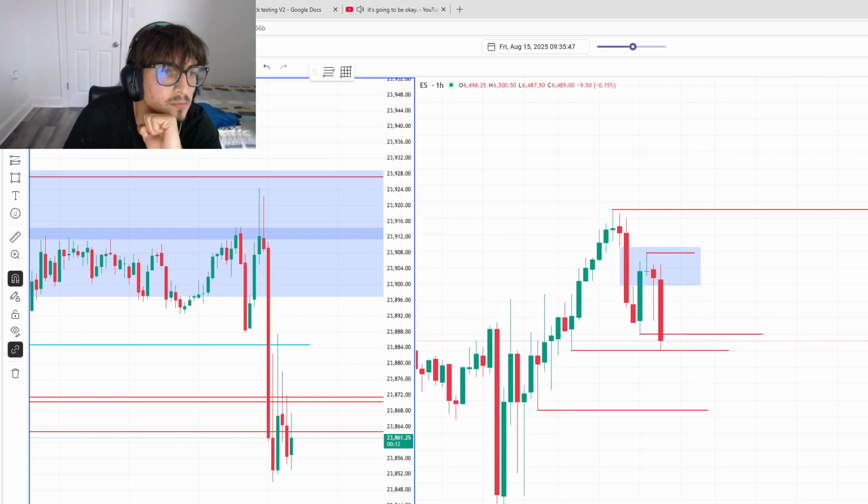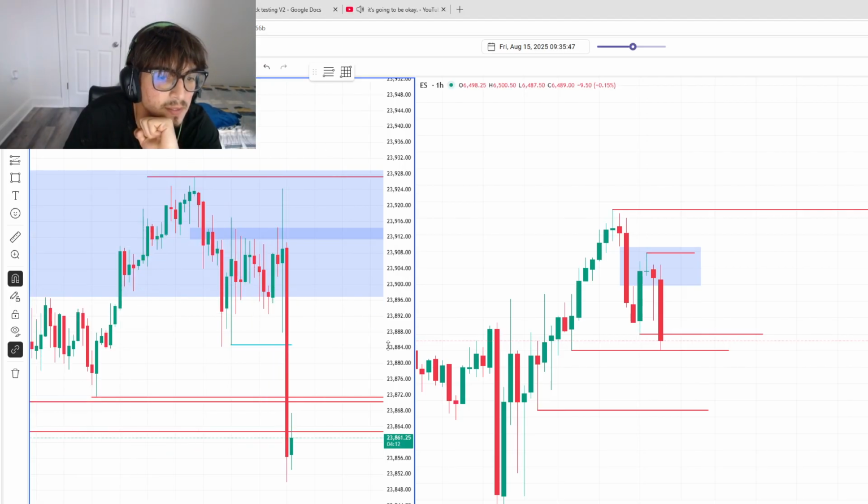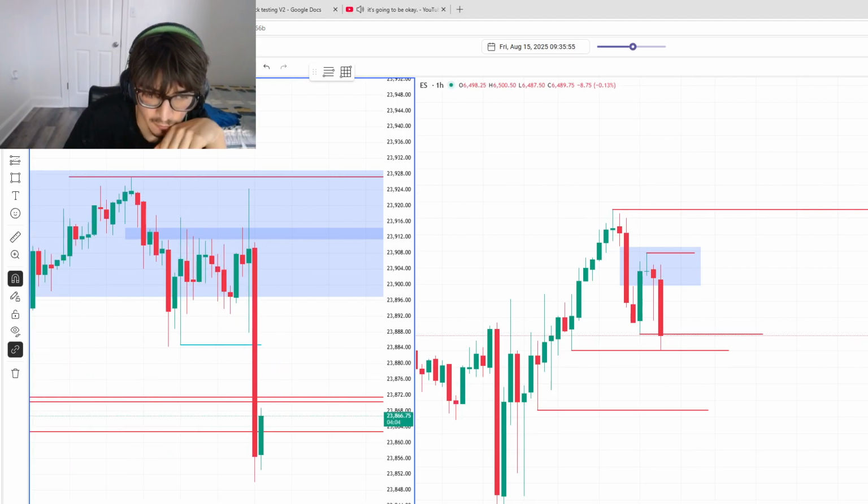Just need to wait for something. If I do get a 5-minute gap, I would be willing to enter shorts towards that low all the way down there.